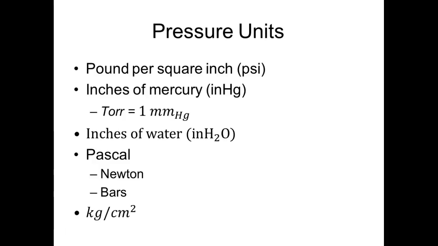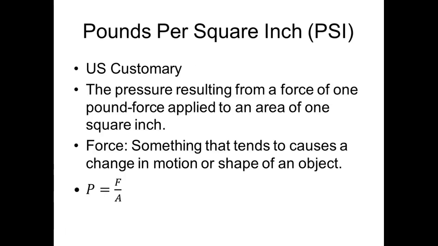U.S. customary, this formula, by the way, applies. We have a law out there called Pascal's law that basically says that the force applied by a fluid is equal to the pressure times the area. You'll run into that a lot, especially with fluid power.